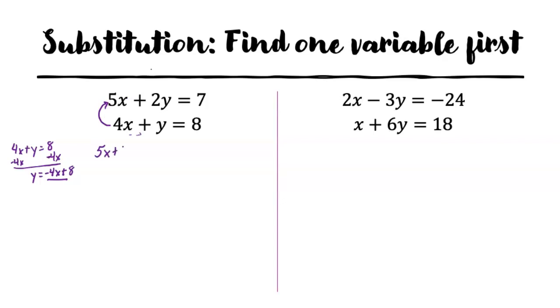So I'm going to rewrite this. 5x plus 2, open parentheses, remember, that's multiplication. This is where we distribute. Equals 7. So 5x minus 8x plus, still distributing, 2 times 8, that's 16, equals 7. Simplify: 5x minus 8x, that would be negative 3x.